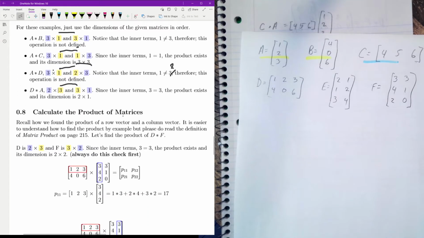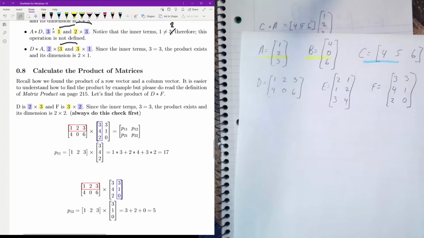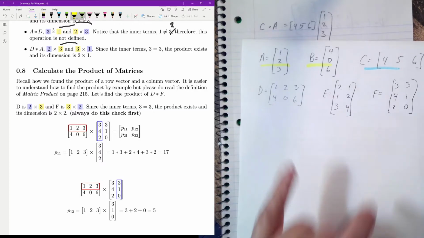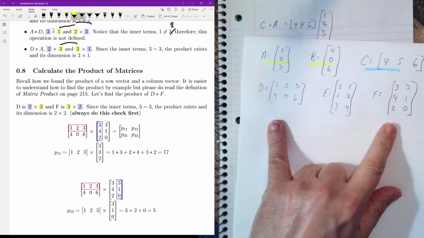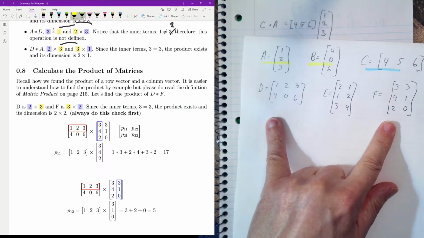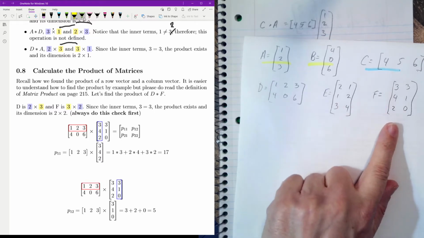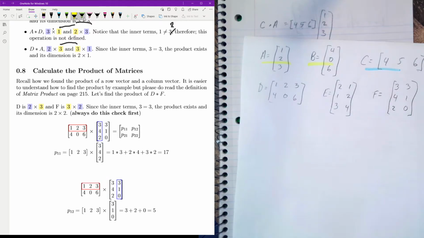Now, we're going to talk about how we actually go through the operations of calculating the product of matrices. The first thing is we always check to see if we can perform the operation. That's always the first step. So we're going to work with D and F. D is a 2 by 3 matrix, and F is a 3 by 2 matrix.